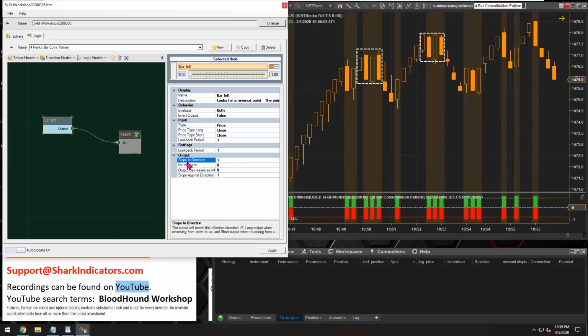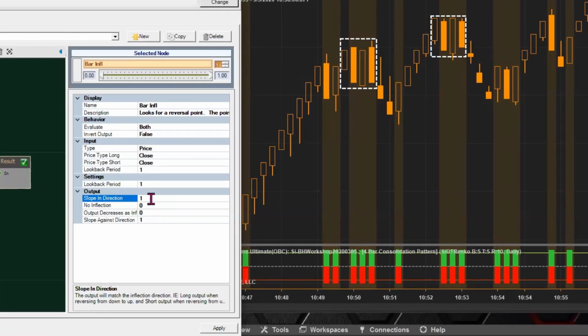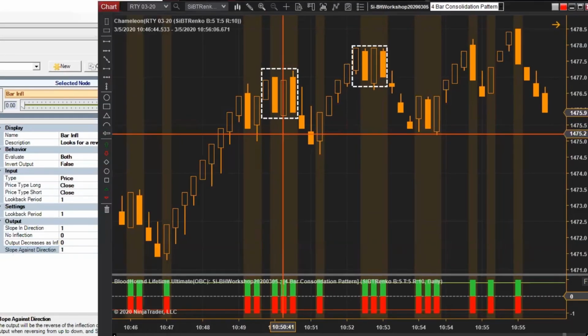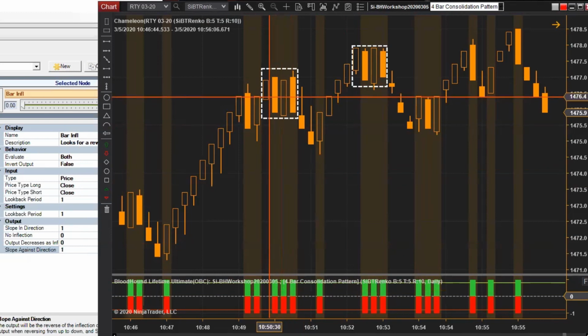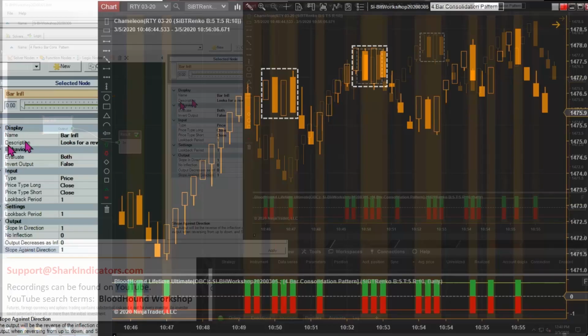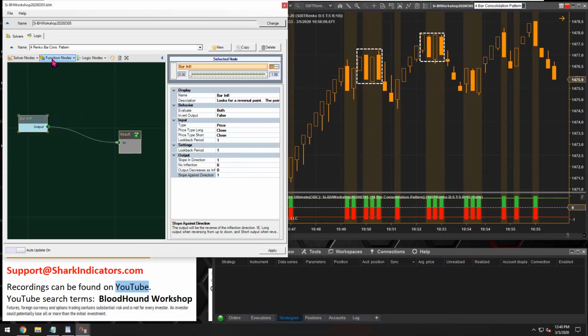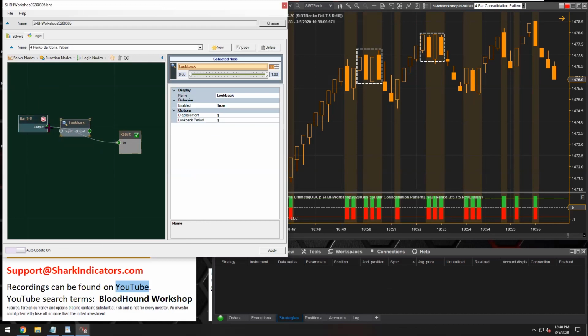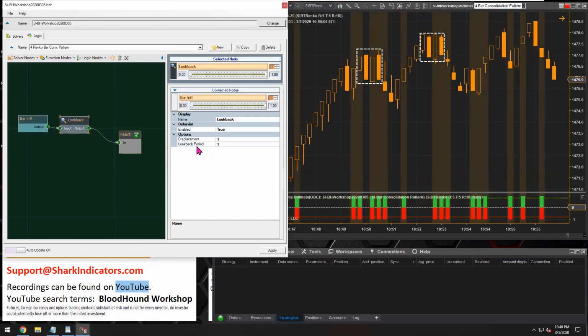So the slope in direction output is on by default. I'm also going to turn on the slope against direction. Basically, I'm getting a long and a short, which is just saying there's a reversal bar after reversal bar after reversal bar. Now I'm going to use the look back node, and I need to look back the last 3 bars.